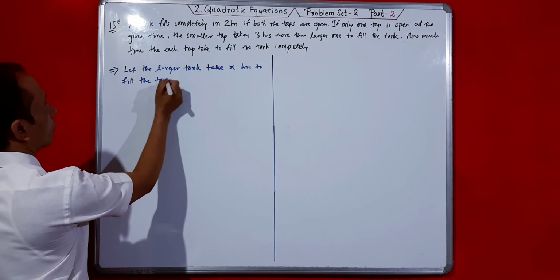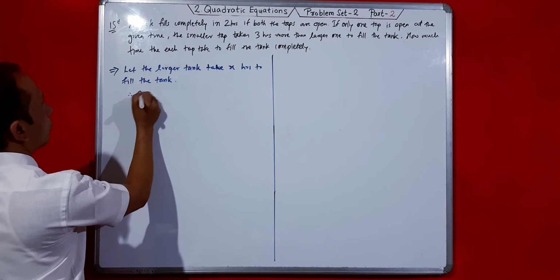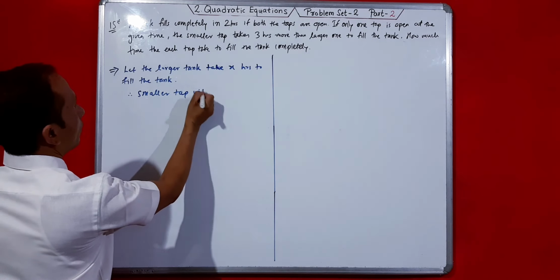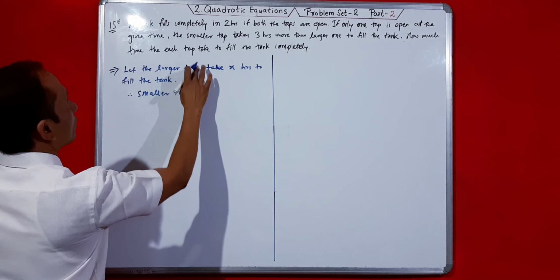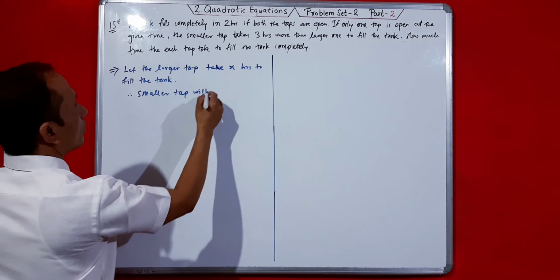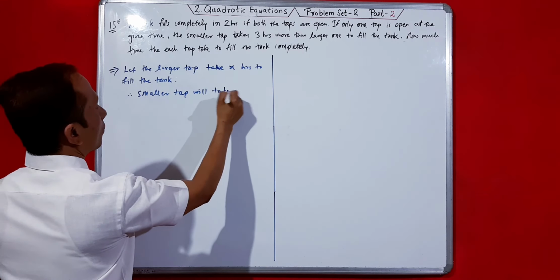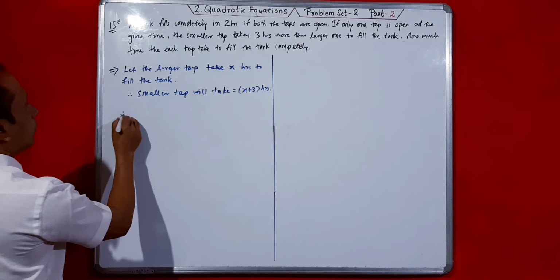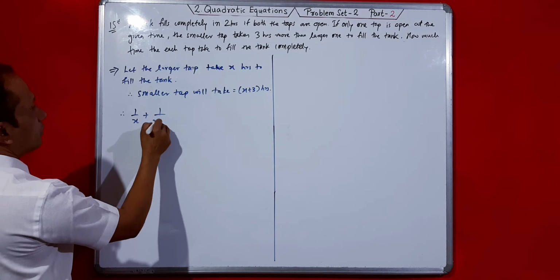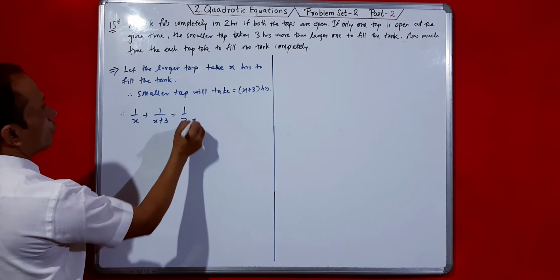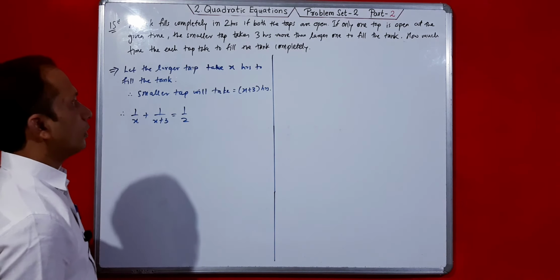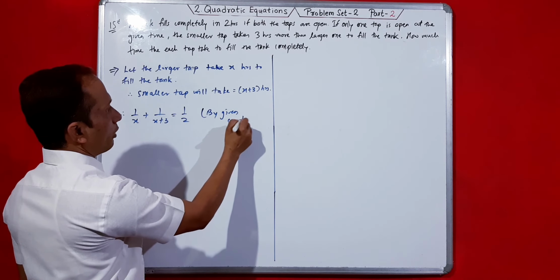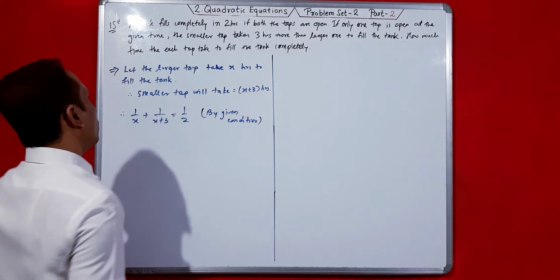Therefore the smaller tap will take 3 hours extra, x plus 3 hours. Therefore 1 upon x plus 1 upon x plus 3 is equal to 1 upon 2, since the total time taken is 2 hours. By the given condition, you have to apply the given condition. Now solve this.